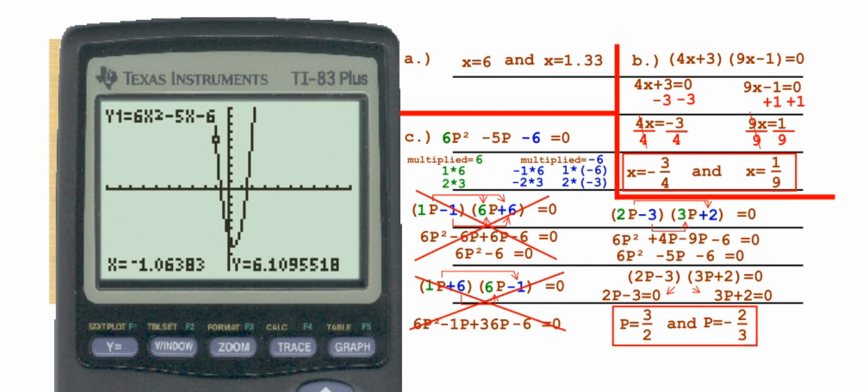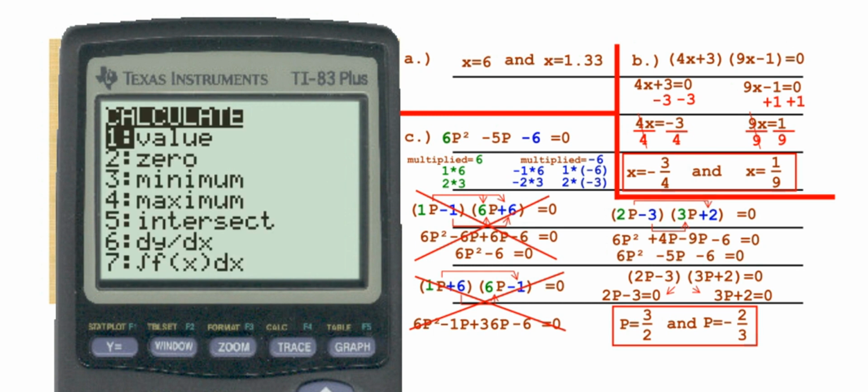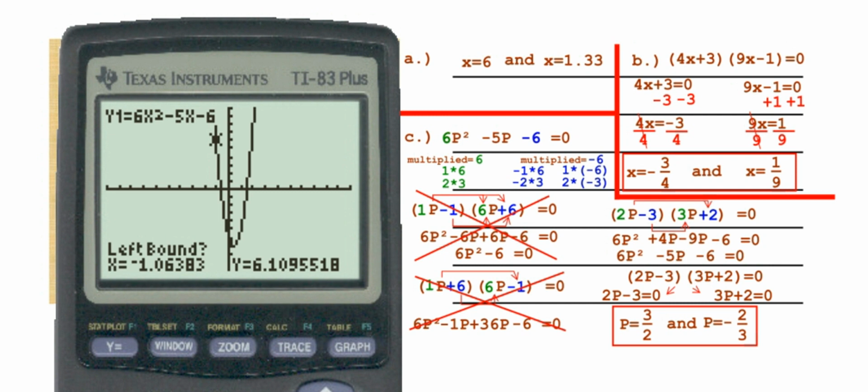Wait, too far. If I hit second, trace up at the top, second to the right I should say, you want to do the 0 value in this case, rather than intersect, because intersect is for two graphs. You want to do the 0, hit enter on the 0 option, and it asks you for a left boundary. So from left to right before it crosses, notice I'm at the left side before it crosses my x-axis.